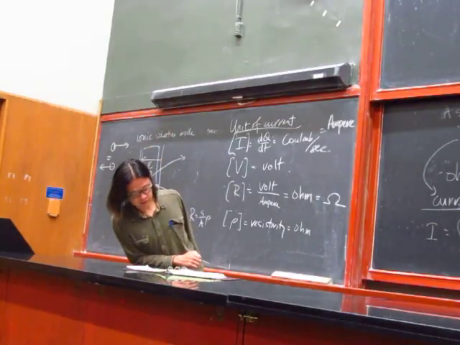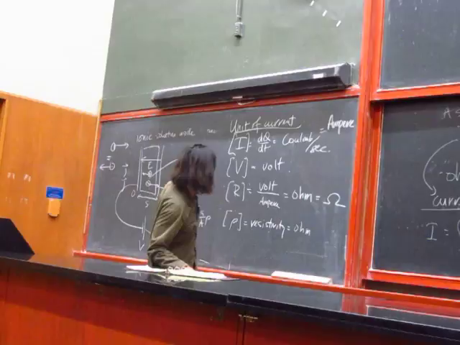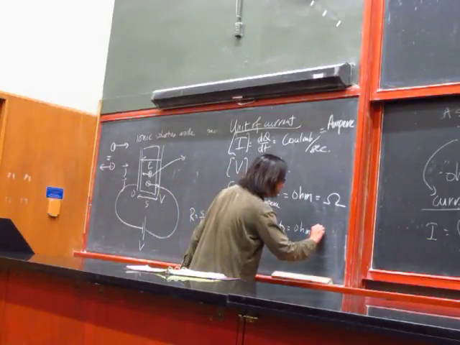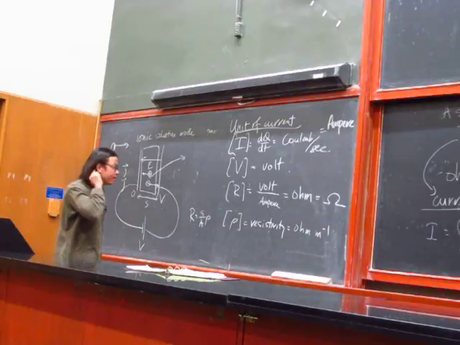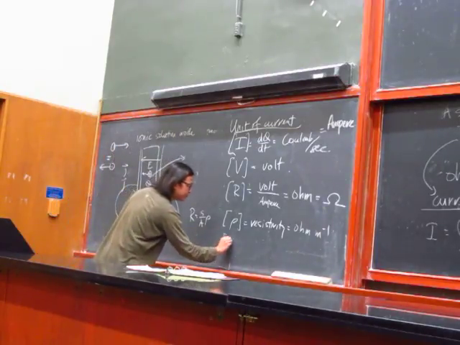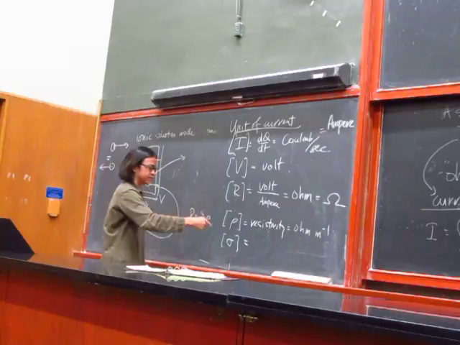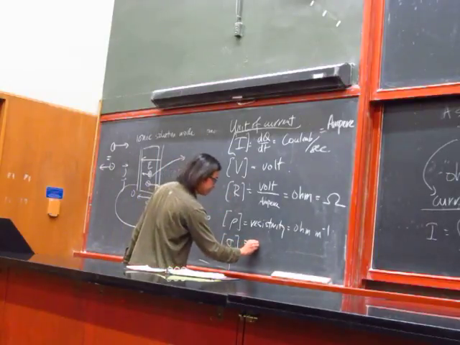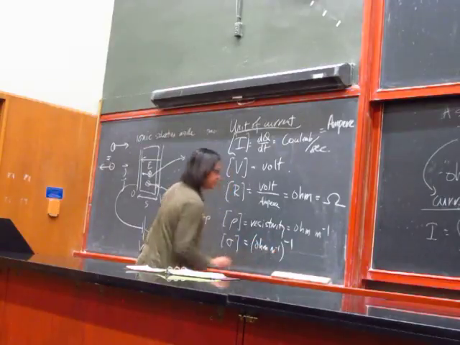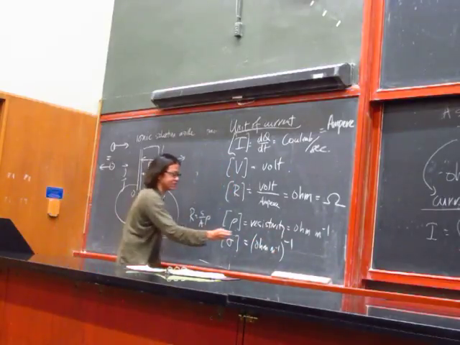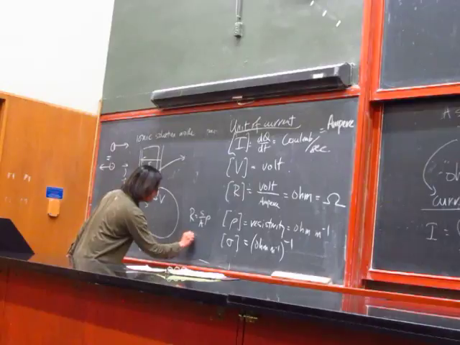I think I made a mistake. Ohm per meter is ohm meter minus 1. I made a mistake. Okay. And the unit of sigma is the inverse of that, ohm meter minus 1, because sigma is just 1 over rho.